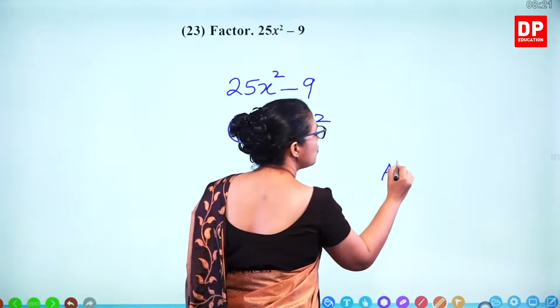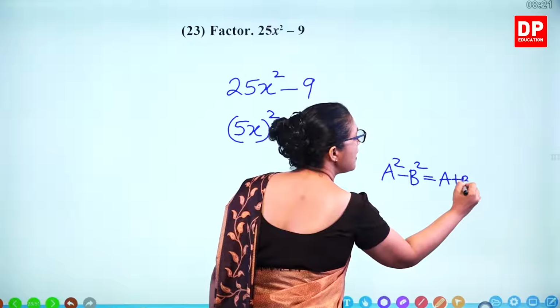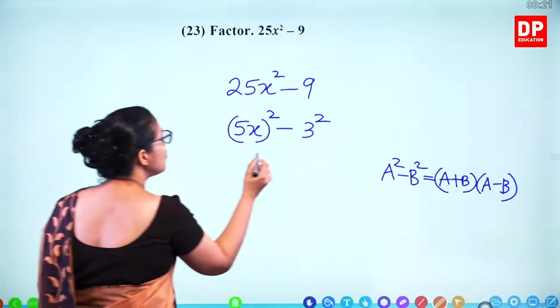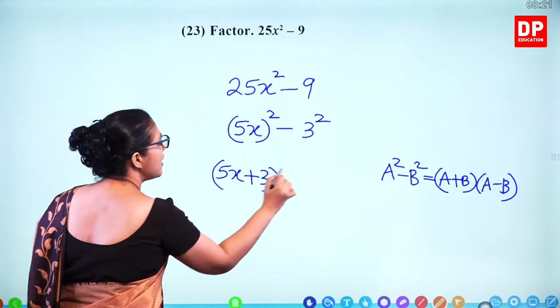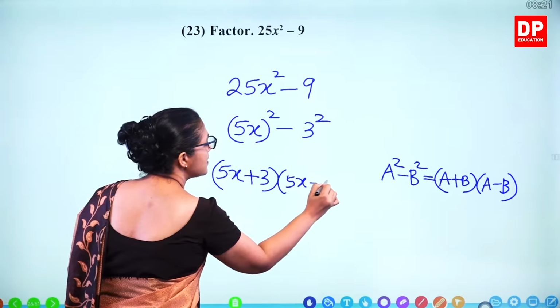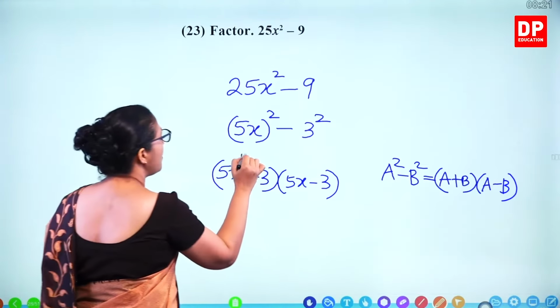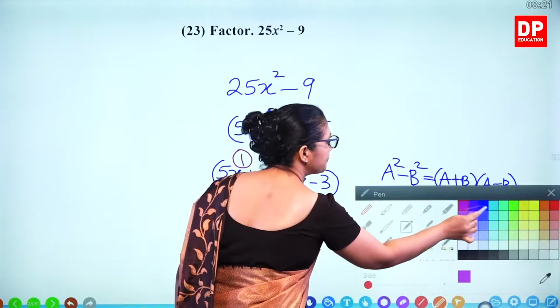When you get 2 squared terms like this, the factors are A plus B and A minus B. So you can use that. So what are the factors? 5x plus 3 and 5x minus 3. So you get 2 marks for this, 1 mark for this factor and 1 mark for this.